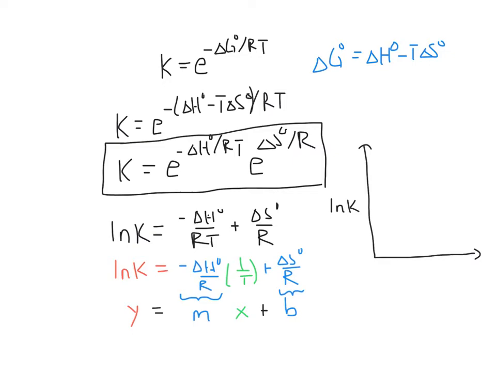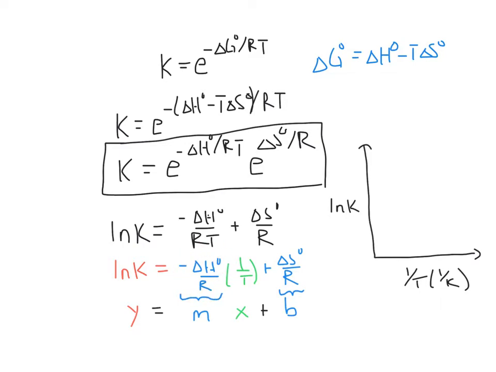Notice that these temperatures need to be in Kelvin, so we put 1 over the temperature in 1 over Kelvin units on the x-axis. We find that we will get a straight line with a slope of minus delta H over R.